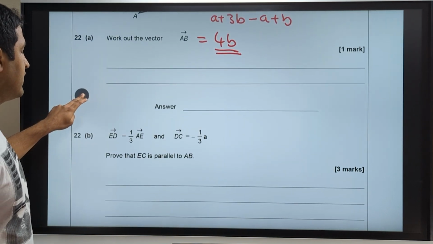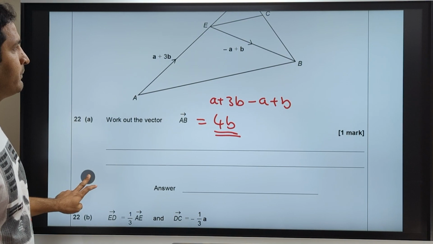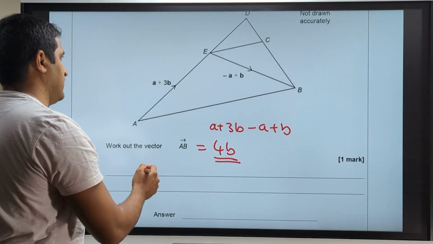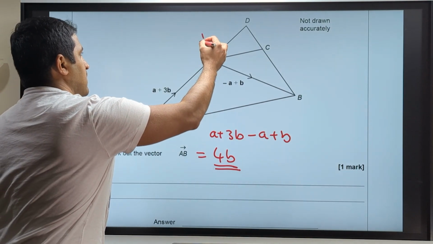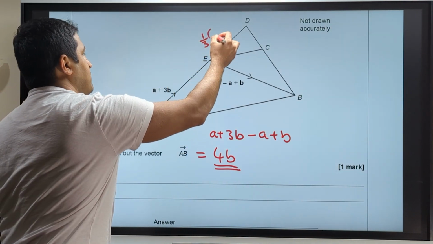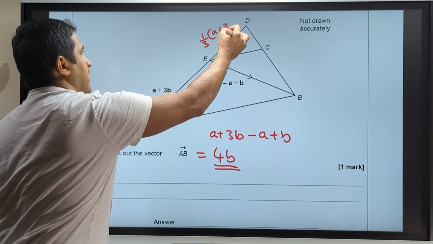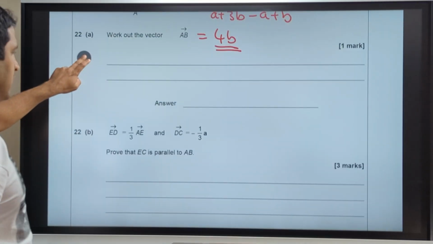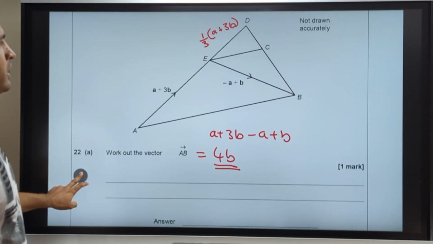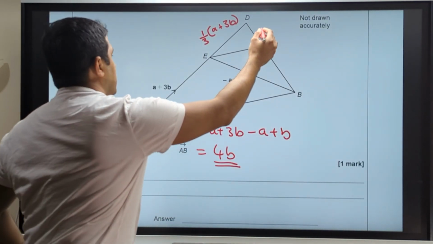So we're saying ED is 1/3 of AE. So that's 1/3 of a plus 3b. And then we're saying DC is negative 1/3 of a.